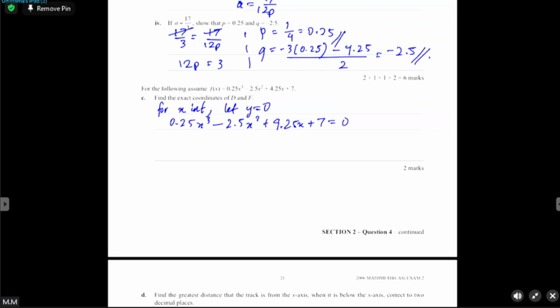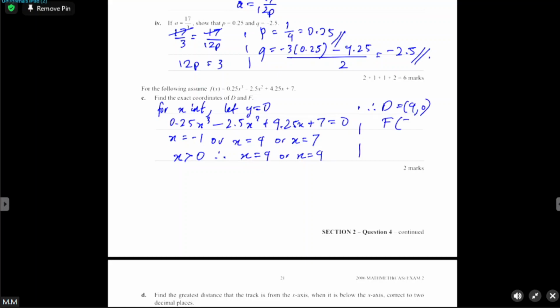When you put that in the CAS, you get x is negative 1, or x is equal to 4, or x is equal to 7. x is greater than 0 here, therefore x is equal to 4, or x is equal to 7, and that means D is (4, 0), and F is (7, 0).